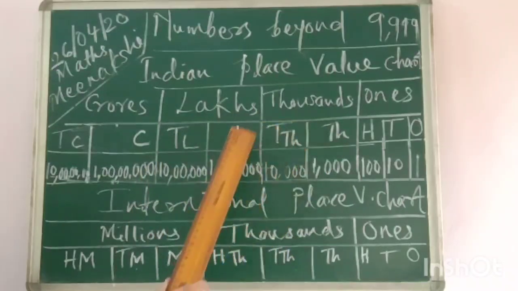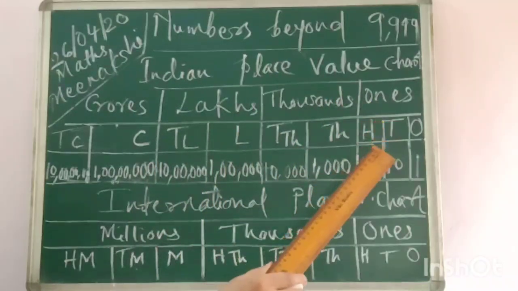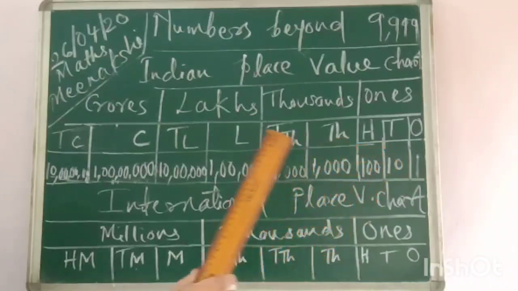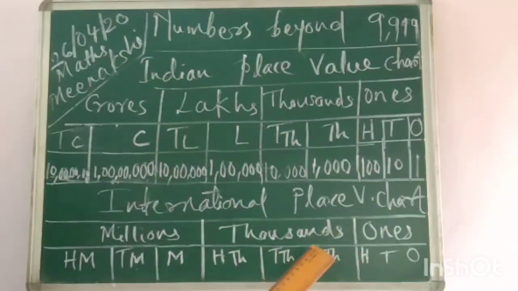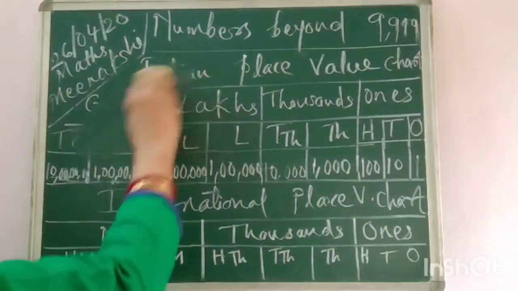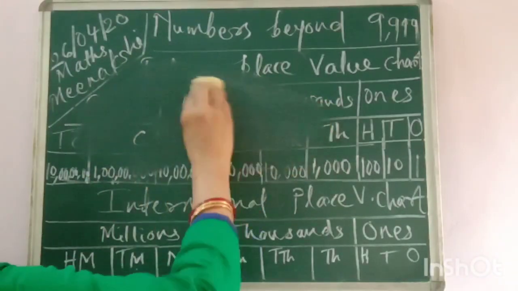Here the ones period is of 3 digits, and all the other remaining periods are of 2 digits. In the international place value chart, the ones period is of 3 digits while the other periods are also of 3 digits.